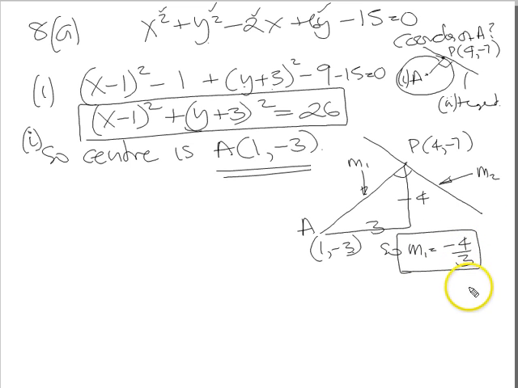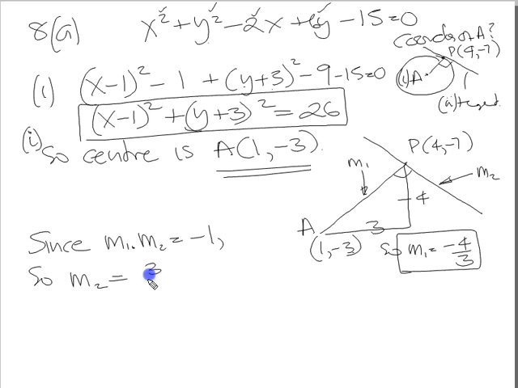So m1 is minus 4/3. It would have helped actually to draw it more accurately. So m2, because m1 times m2 equals minus 1, m2 is equal to 3/4. So there's the gradient for m2.